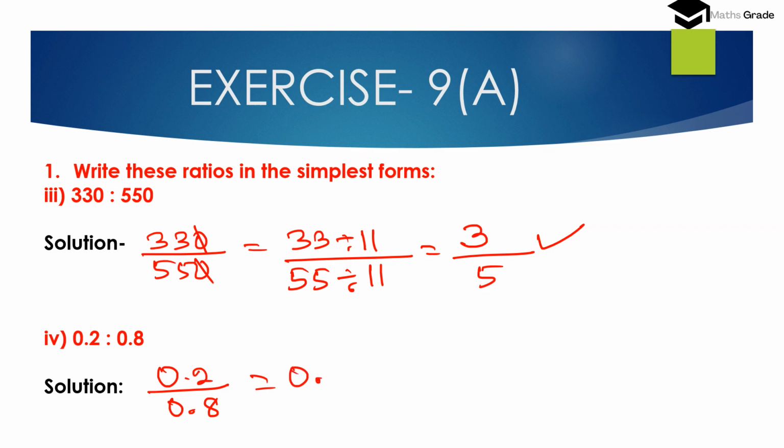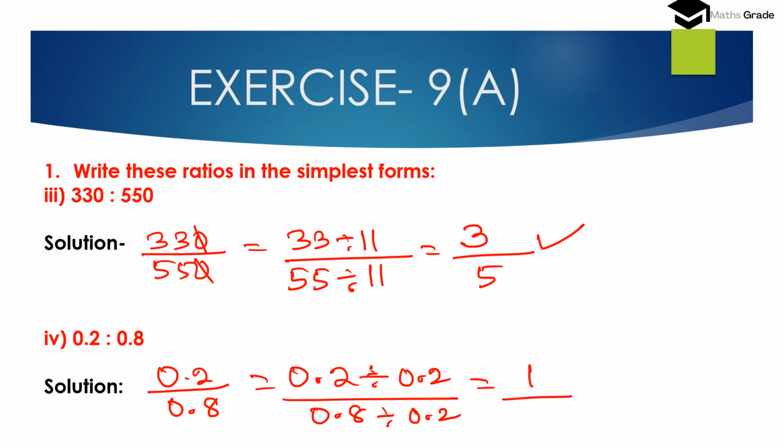So dividing the antecedent 0.2 by 0.2 and the consequent 0.8 by 0.2, 0.2 divided by 0.2 is 1 and 0.8 divided by 0.2 is 4. Now we get 1 divided by 4, and 1 divided by 4 is the simplest form of the ratio 0.2 is to 0.8. So 1 divided by 4 is the answer.